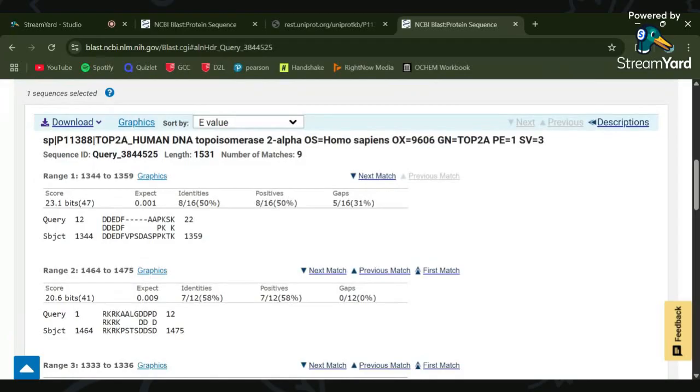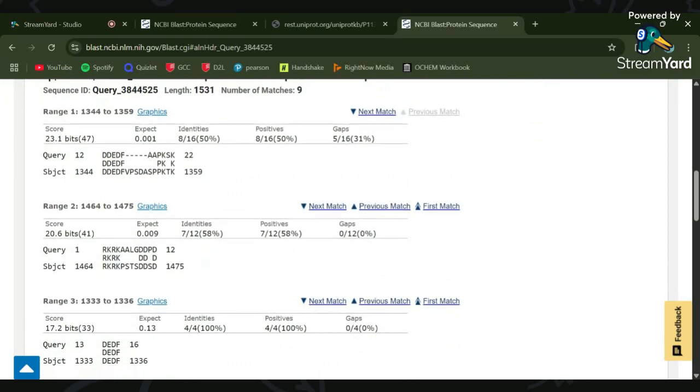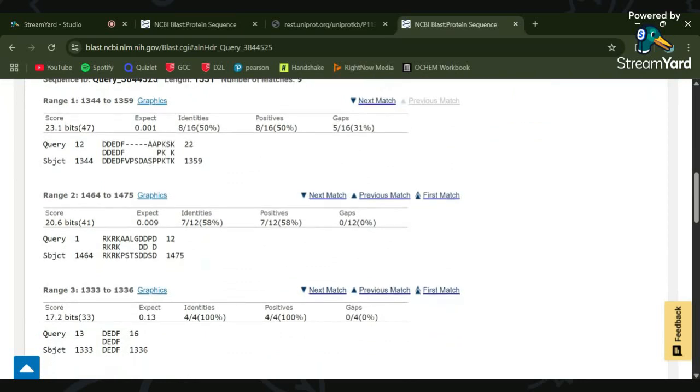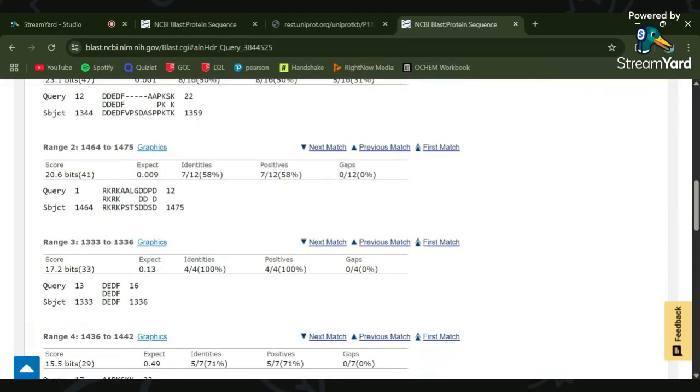That's doubtful that is a localization signal. That's just random chance. This one's a little more promising because it has RKRK, which is part of the localization signal. Remember the basic amino acids? Arginine, lysine, and there was one other one.